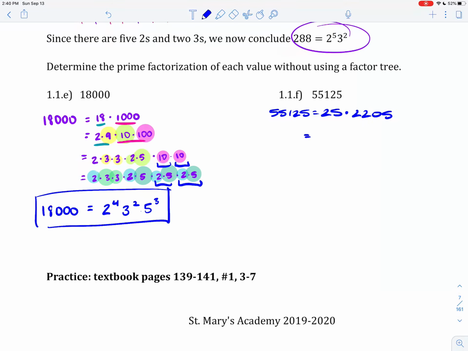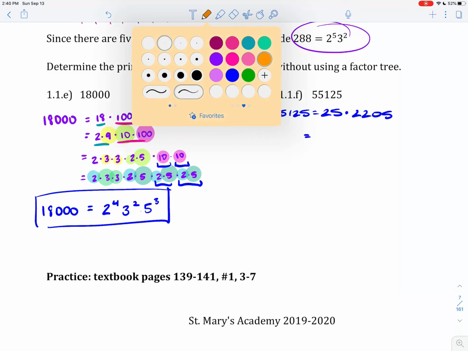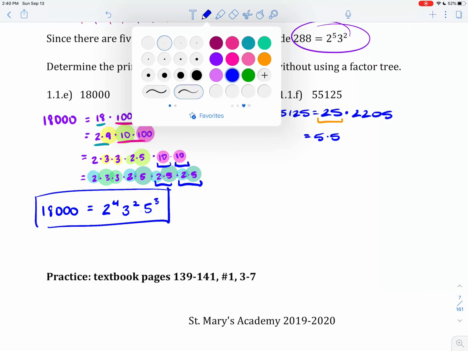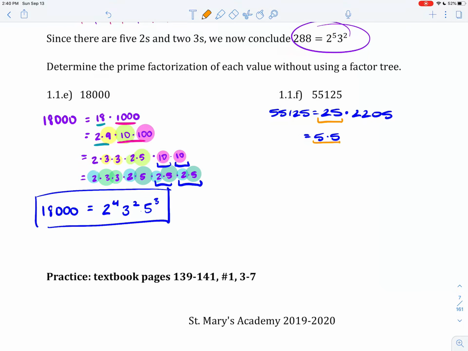And we'll take each of those pieces and break them down a little bit. We'll take this 25 and say that it's 5 times 5. We'll take this 2205 and say that it's 5 times, if I had to just think about it, I'd say 441 off the top of my head.